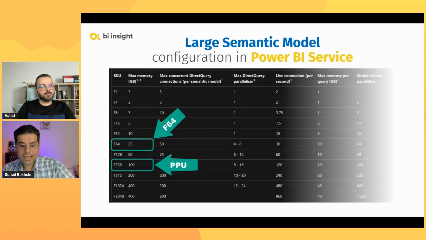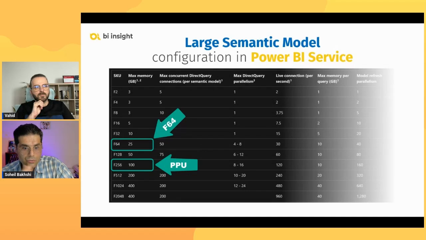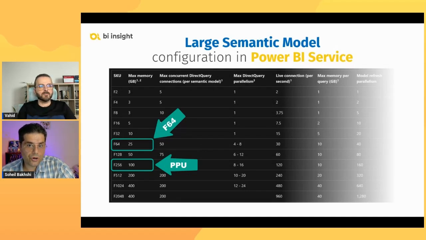So if you look at this image that I took from Microsoft Learn, you will see that an F64 capacity gives us 25 gigabytes of memory in total for everything that we're doing in our Microsoft Fabric capacity, while PPU, premium per user, is comparable in terms of memory size with an F256.